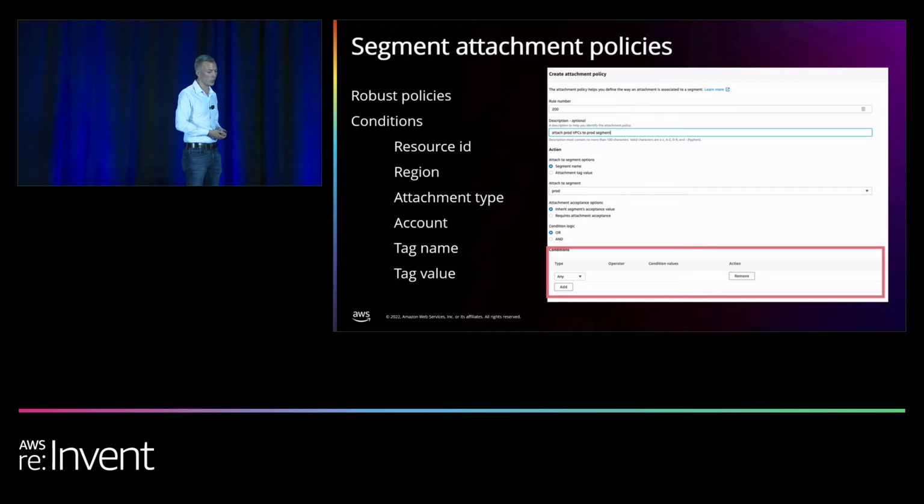Maybe we want all of our Connect attachments and our VPN attachments to be attached specifically to a hybrid segment. That's an option there. We can choose accounts. So if you're segmenting your account structure, and multi-account is pretty much your best practice at this point, if you know what your development account IDs are, you can say all development account IDs are automatically attached to a development segment. And then there's also the name and value tags that you can use here as well.